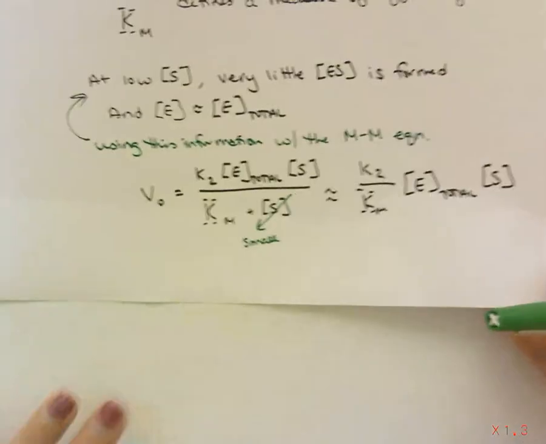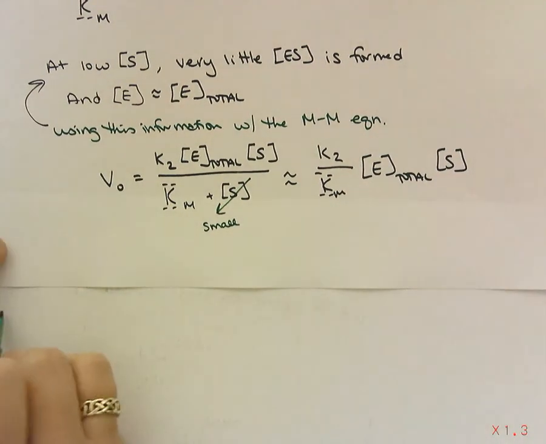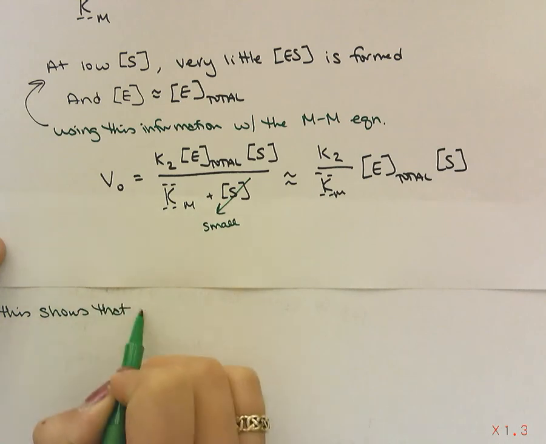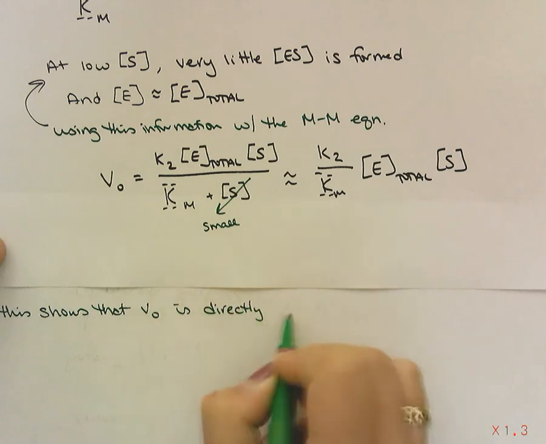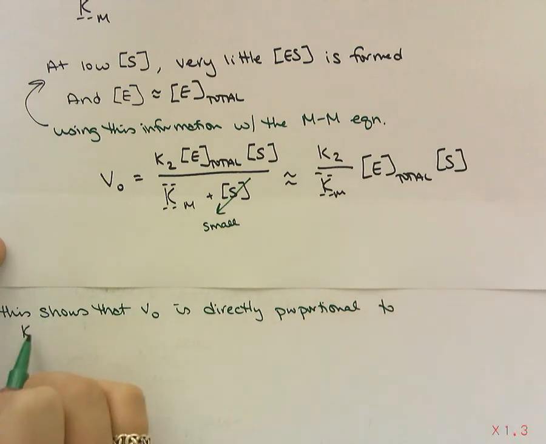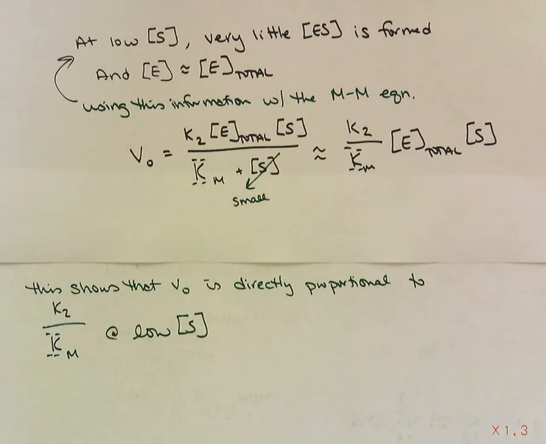Let's see if I can find some space to write on. This means that V0 is directly proportional to K2 over Km at low substrate concentrations.